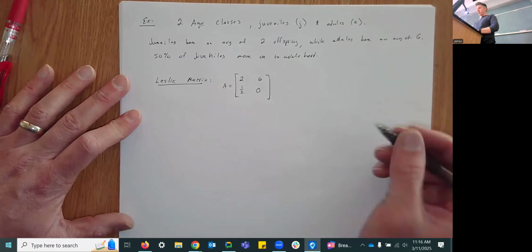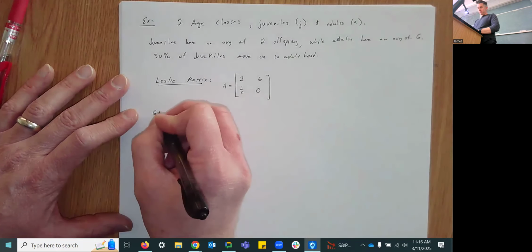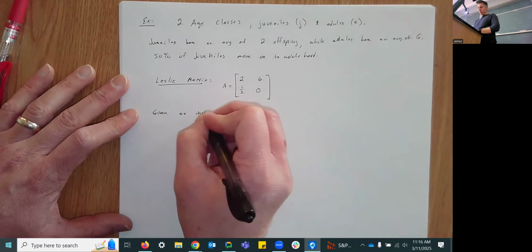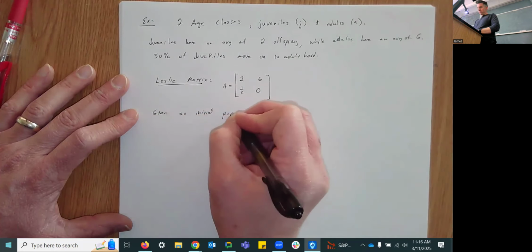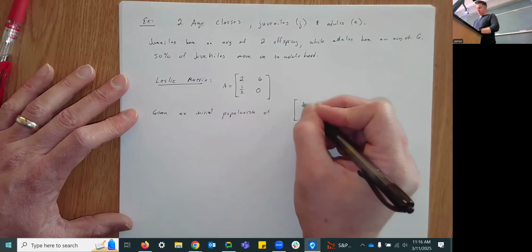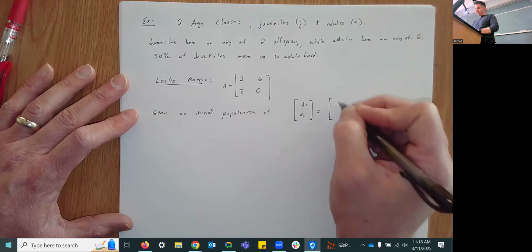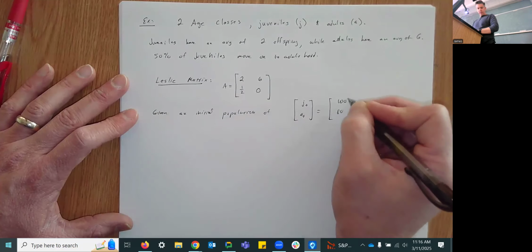So let's say we're given an initial population of J0, A0 equal to 100 juveniles and 80 adults.